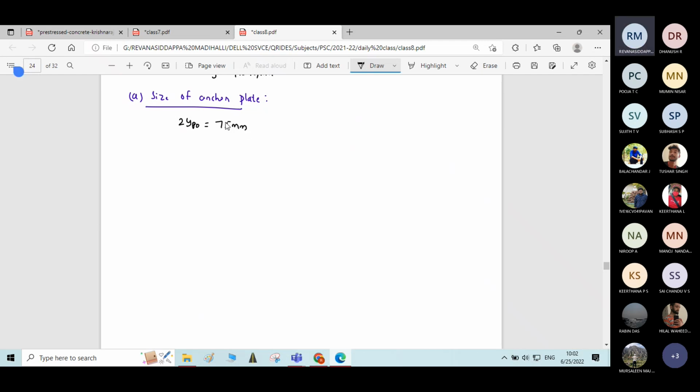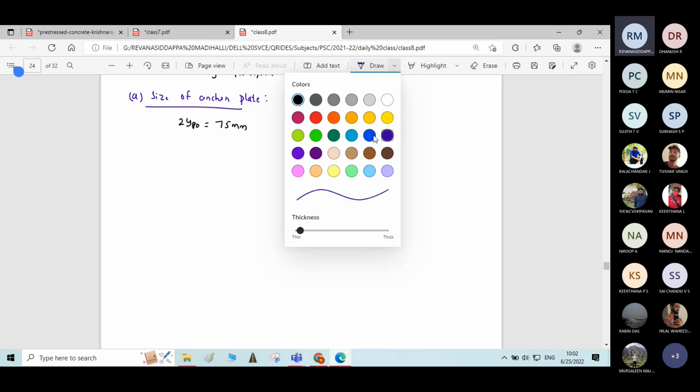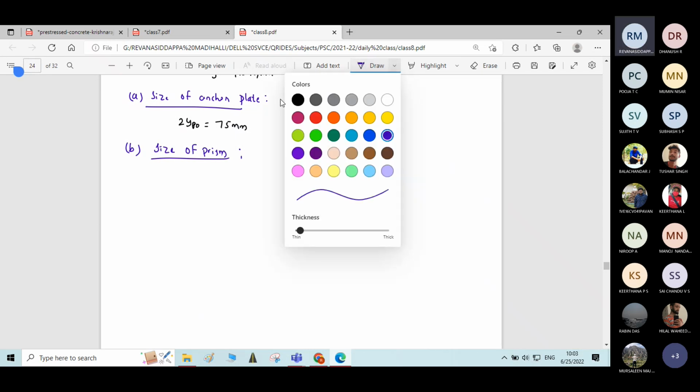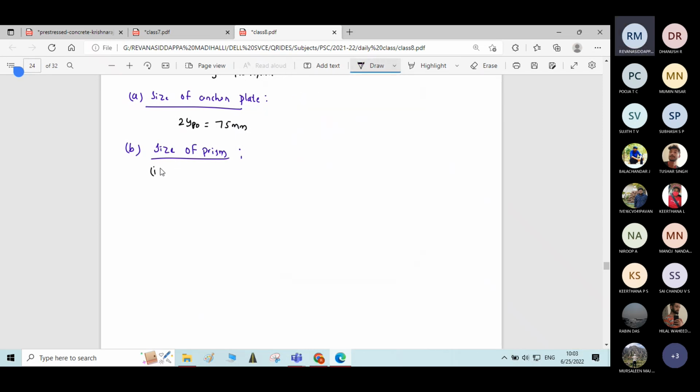After finding the size of the anchor plate, next you find the size of the prism in the second step. So there are two calculations we need to perform. First one is 2 yp0 is equal to 2 into y1.